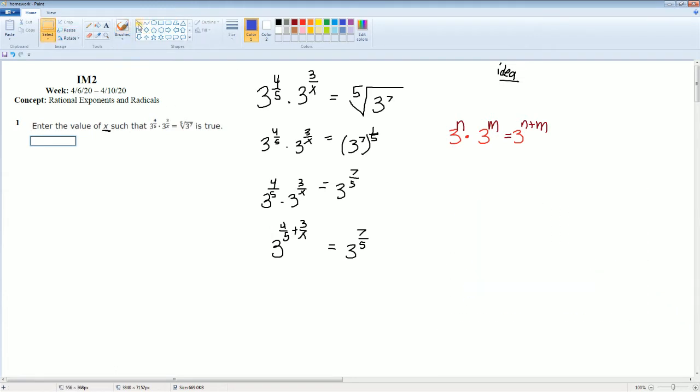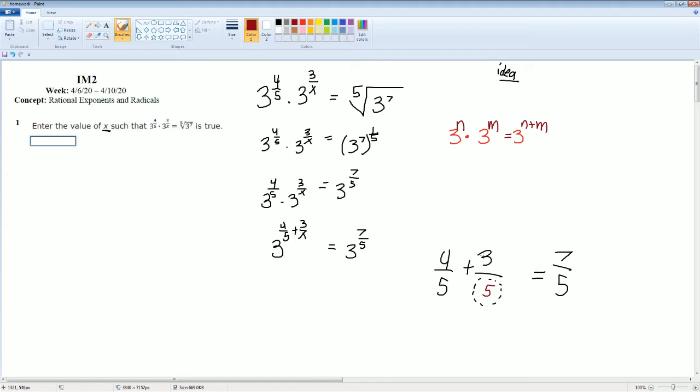What if this bottom number here, so 4 over 5 plus 3 over something, has to be equal to 7 over 5. Notice how we can just multiply across. If this number right here is 5, do you see how we can multiply this across?